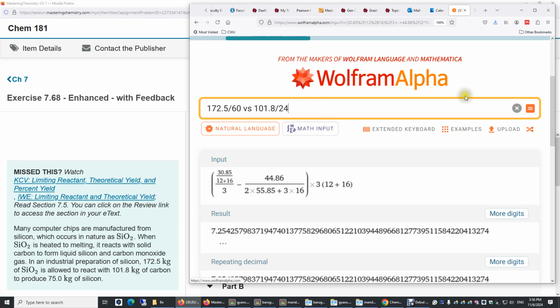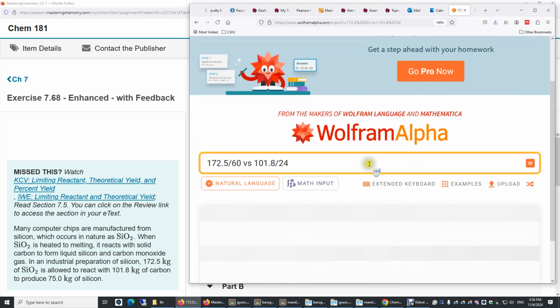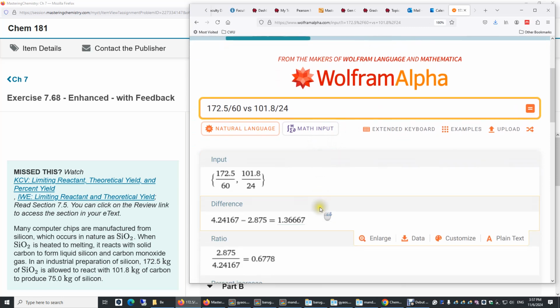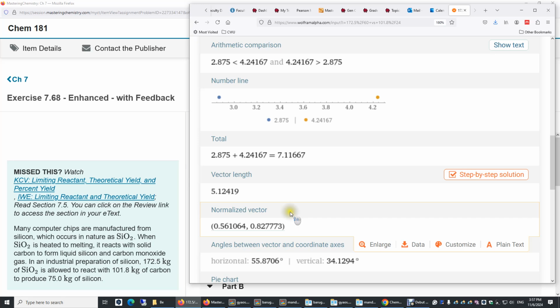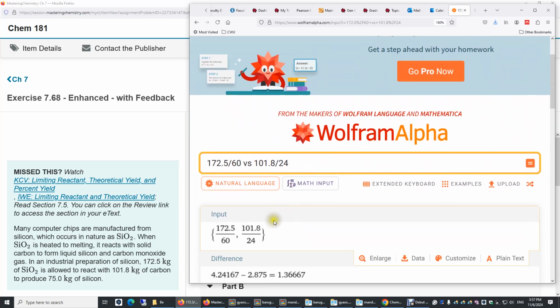Let's see if Wolfram Alpha can compare these two. Yes, you can. This number is 2.8, this number is 4.2. Somehow Mastering Chemistry is not really giving me a proper answer about comparing these two numbers.